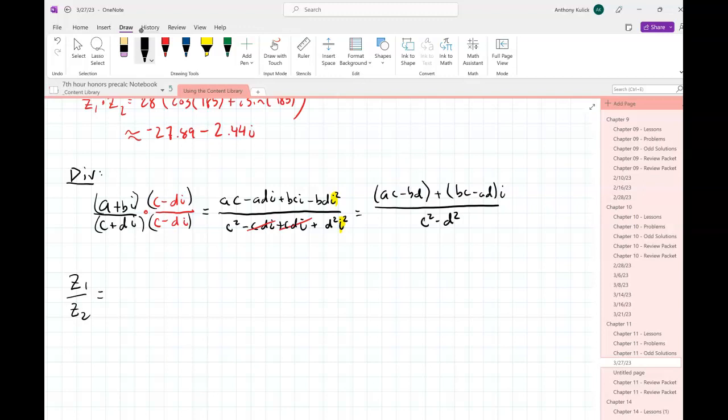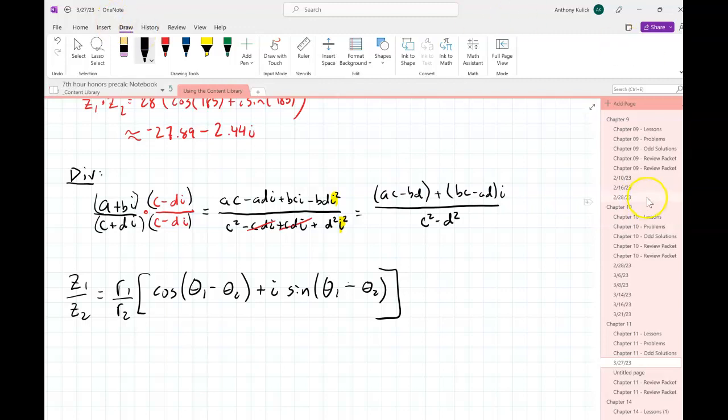Yep, and what are we going to do to the r's? No, we're dividing. But yeah, the same idea, which makes life a lot easier.